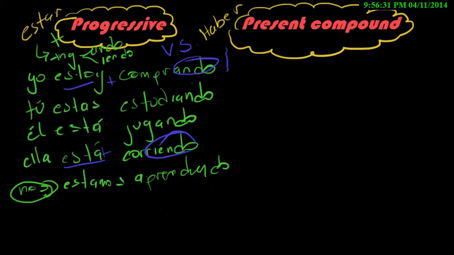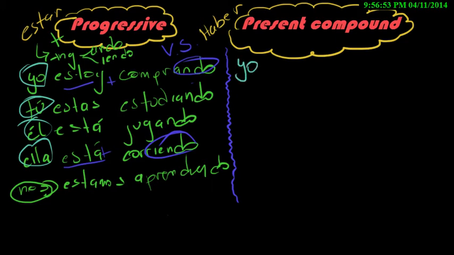Okay, so to form the present compound is different. Let's use the same persons. Okay, yo, tú, él, ella, nosotros. We combine the verb haber, yo he, with ado, ido. Yo he comprado, same verbs.